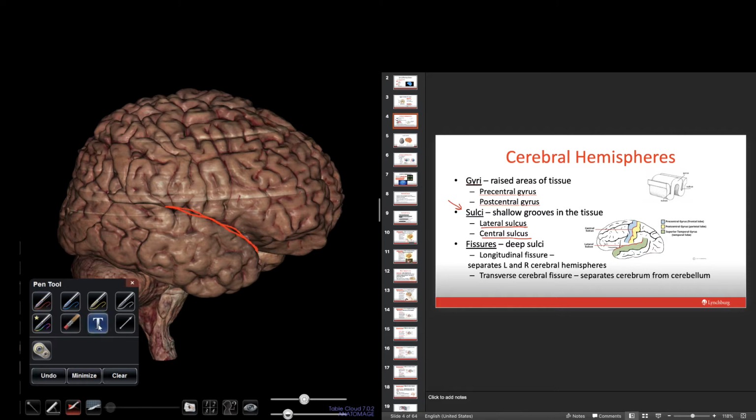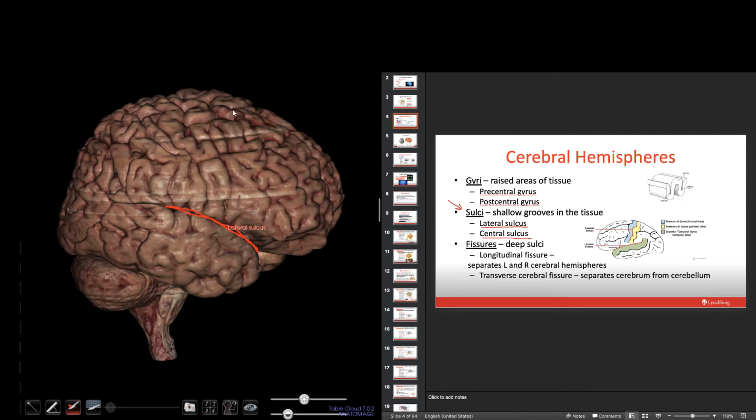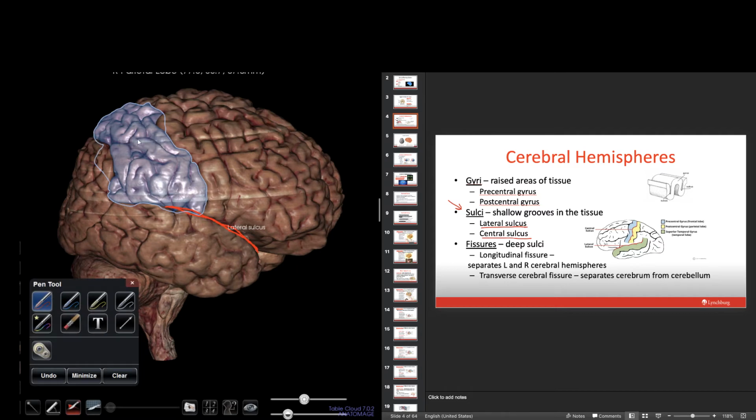So I can actually there's my lateral sulcus. Now my central sulcus is going to be located between the frontal lobe and the parietal lobe. So what I can do is draw a line here.